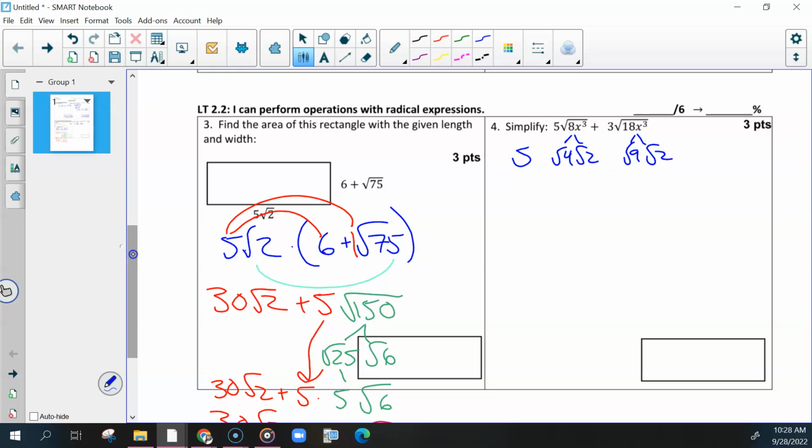But you didn't simplify the x's here. And it's okay if you don't do this right now and you do it later, but some of you didn't do it later.